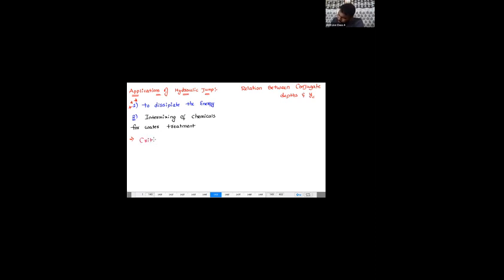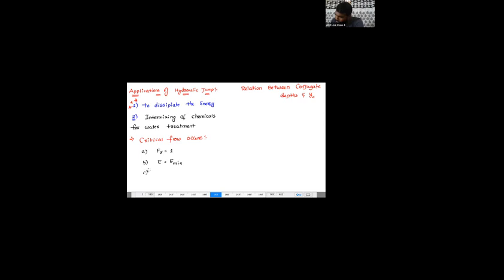Critical flow occurs when Froude number is equal to 1. B, if E becomes E minimum, critical flow is also going to happen.